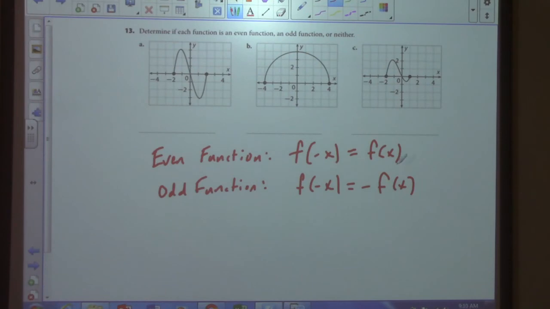So these would be the two different algebraic definitions of odd and even functions.